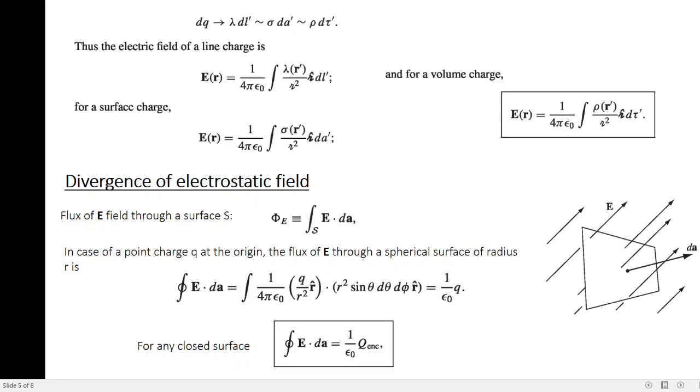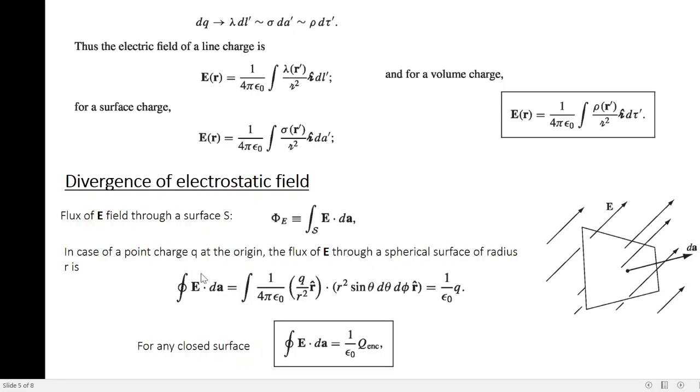Now, let's take a specific case of a spherical surface. Inside it there is a point charge Q. The point charge has a field associated with it, and the field lines are passing through the spherical surface S. Let's now calculate the total flux associated with this charge.